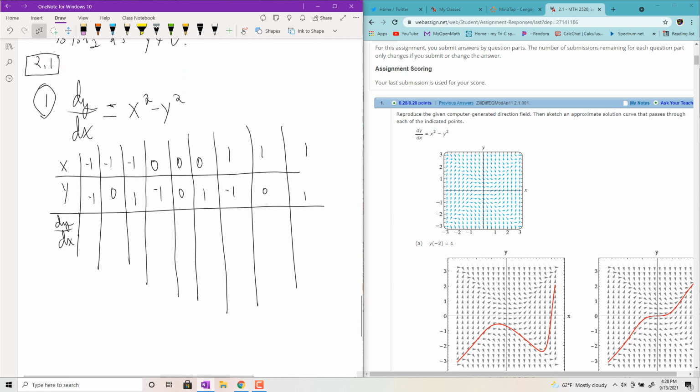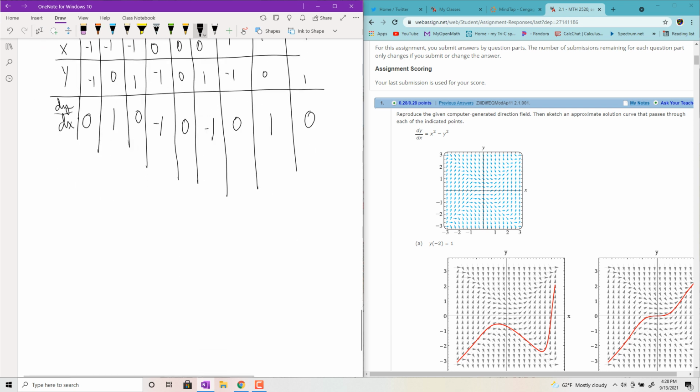Okay, and then you plug those into your differential equation. -1 squared is 1 minus -1 squared. That's just 1 minus 1 is 0. This would be 1. This would be 0 again. This would be -1. This would be 0. This would be -1 again. This would be 0. This would be 1. And then finally this one would go back to 0.